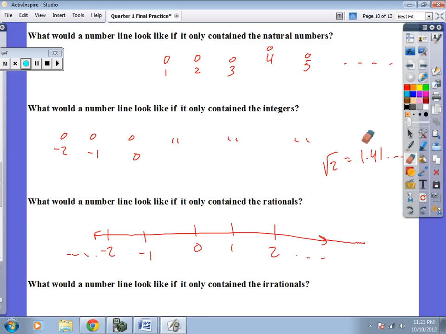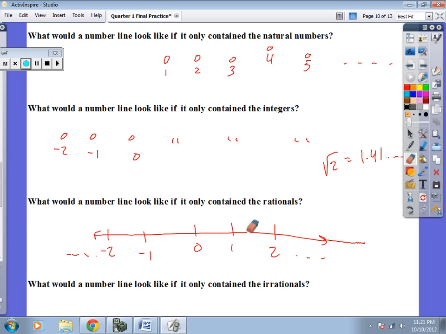So if you were driving down the road, you drive off a cliff, you drive into a huge pothole, because square root of 2 is an irrational number. And if this line only contained rationals, so right here, there would be a break in your number line. There would be an empty spot.